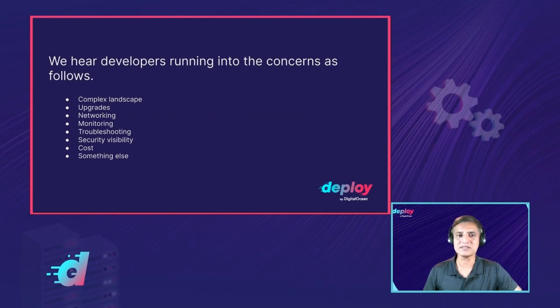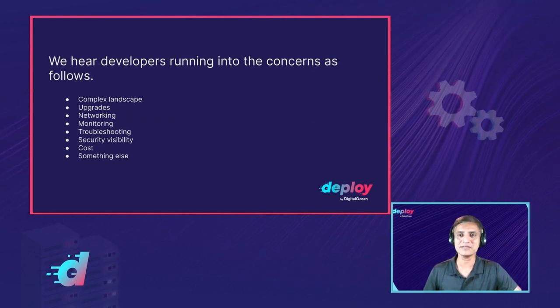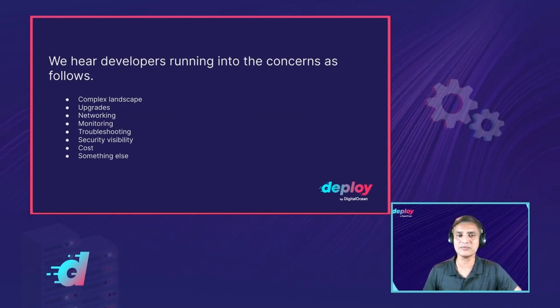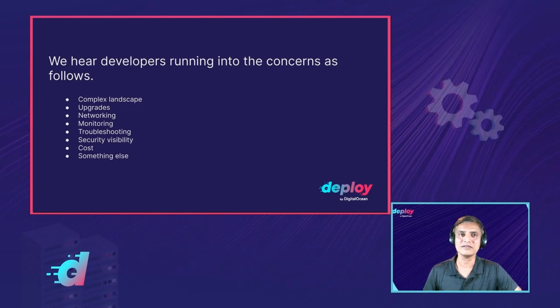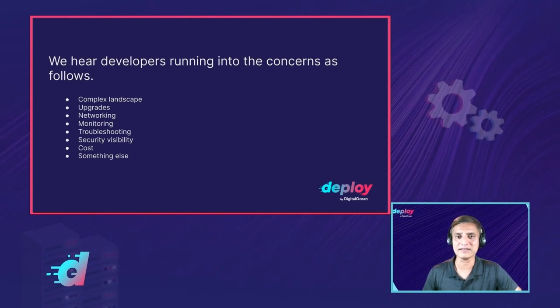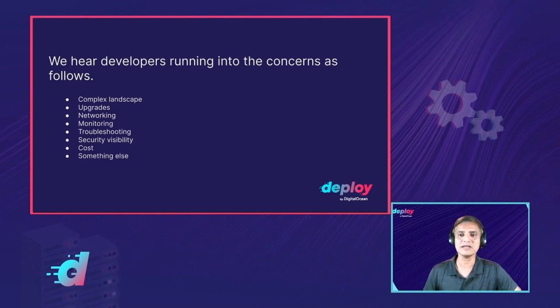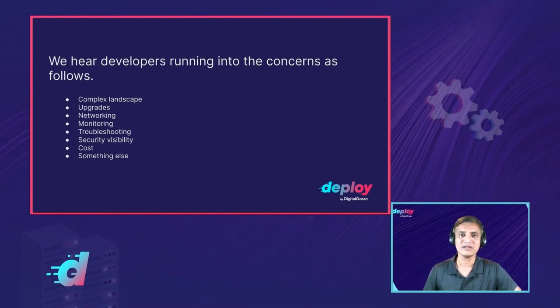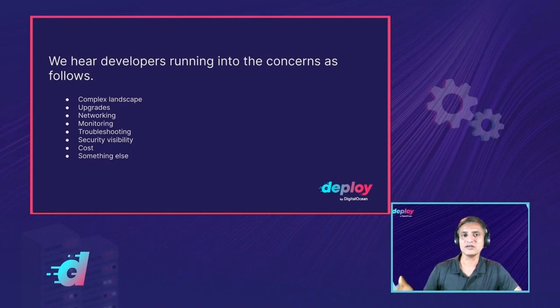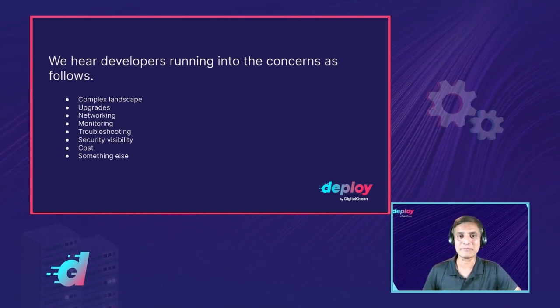I'll quickly go through some of the concerns that we hear from our developers, and this is quite synonymous with some standard industry survey like that from the Cloud Native Computing Foundation. The very first one is the complex landscape. It's obvious that the Kubernetes landscape is changing very rapidly.